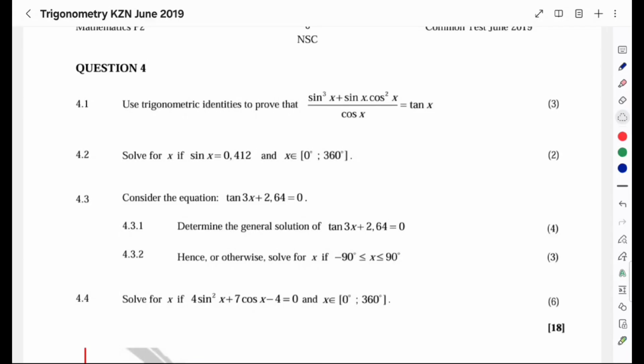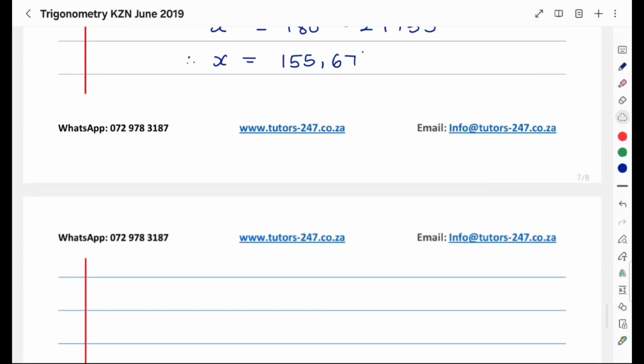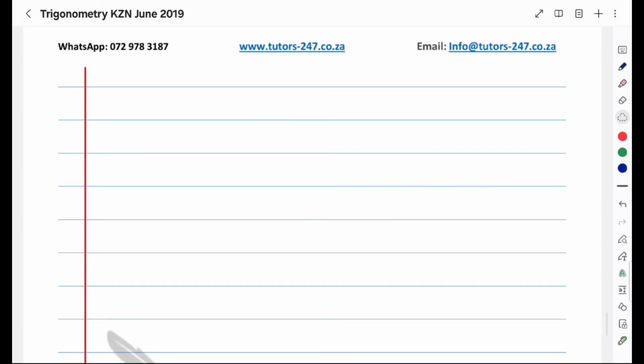Then we will find a reference angle. Take note that if tan is equal to something negative, you ignore the negative sign when finding the reference angle. And then lastly, we use those quadrants to find our solutions. So let us get started. This is question 4.3.1.